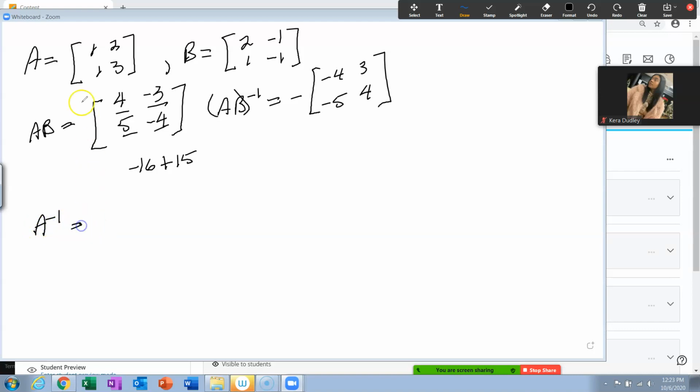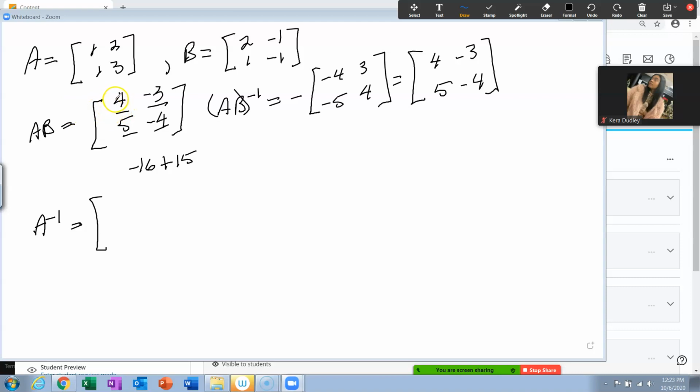Okay, to do A inverse, we need to find the determinant. 3 minus 2 is 1, so that would be 1. And by the way, I'm going to change this to read, negating that would be 4, -3, 5, -4, which, interestingly enough, is the same as AB.